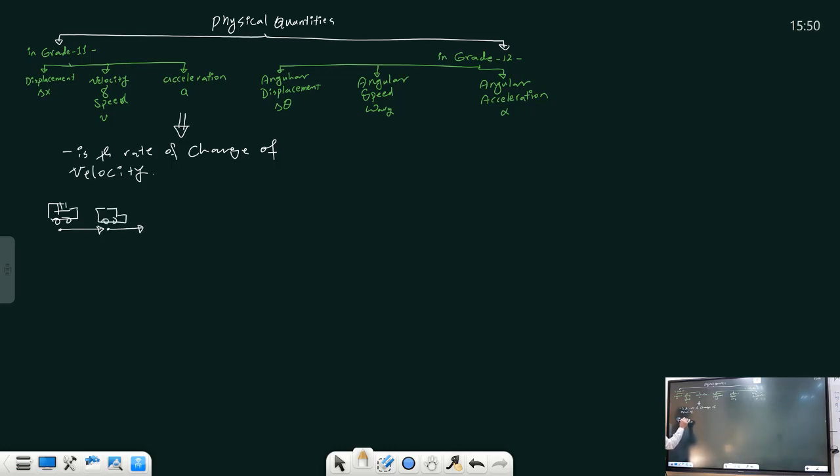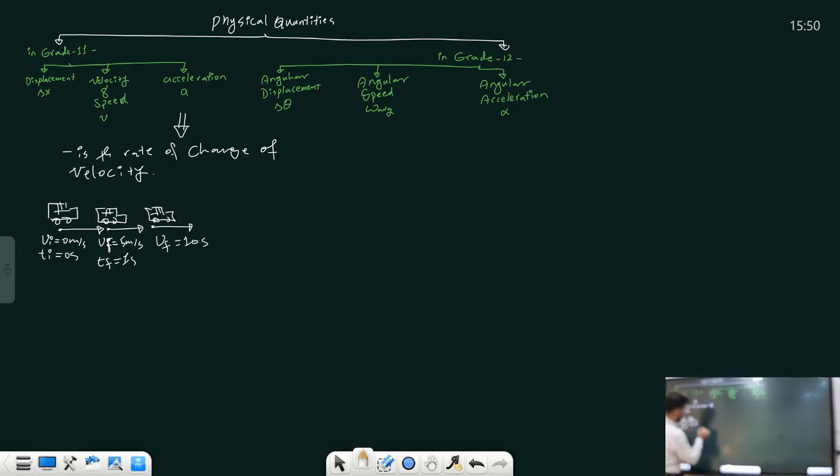This is a car that initially is at rest, so the initial velocity is 0 meters per second at the initial time, 0 seconds. After 1 second, the velocity of the car becomes 5 meters per second. After another second, the velocity of the car changes to 10 meters per second.